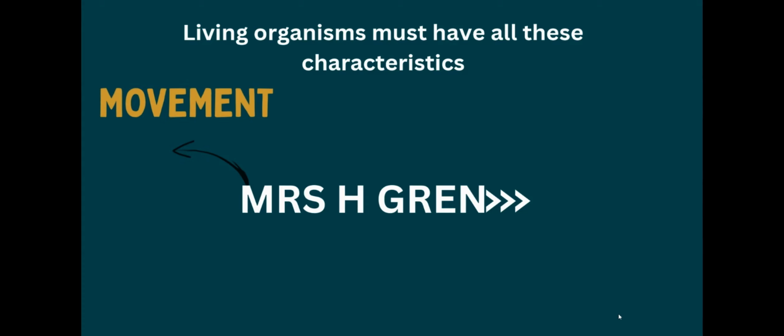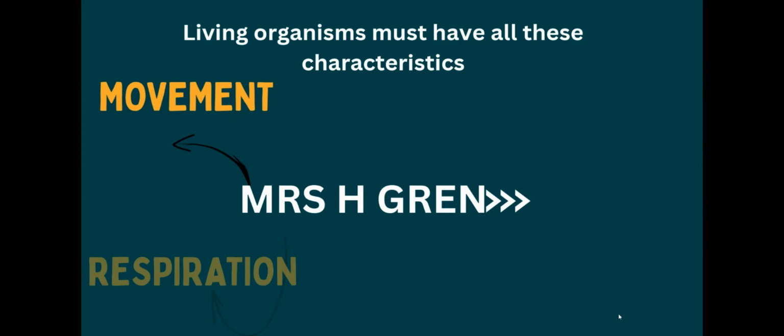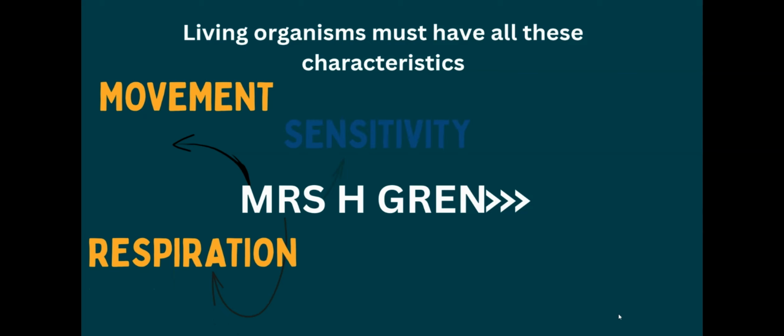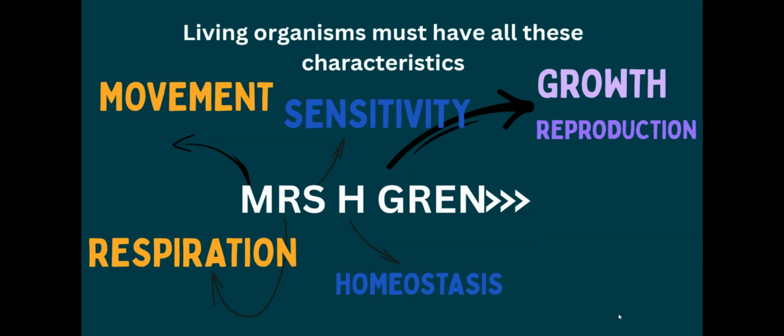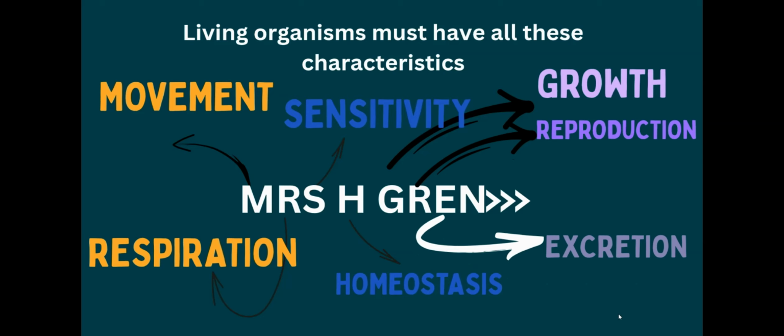M is for movement, R for respiration, S is for sensitivity, and we have the H for homeostasis. G is for growth, R is for reproduction. Then we have the E, which is for excretion. And finally, N is for nutrition. Now, if something does not carry out all of these life processes, it's not alive.